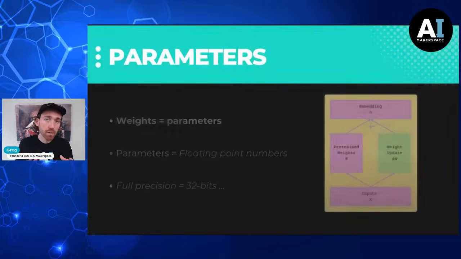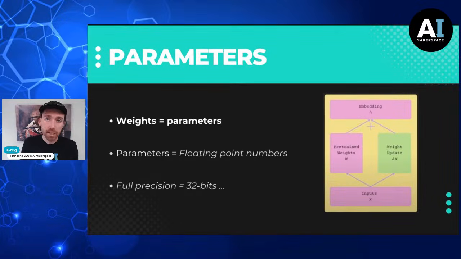But fundamentally, we're talking about the weights of the trained model, the parameters in the trained model. When we download a model, we're downloading the weights. We're downloading the parameters. This is the same thing. And those parameters are always represented by a certain number of bits.